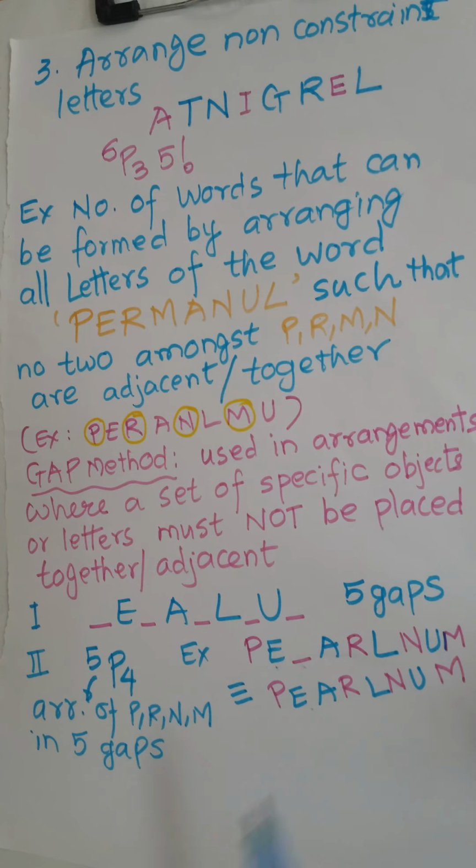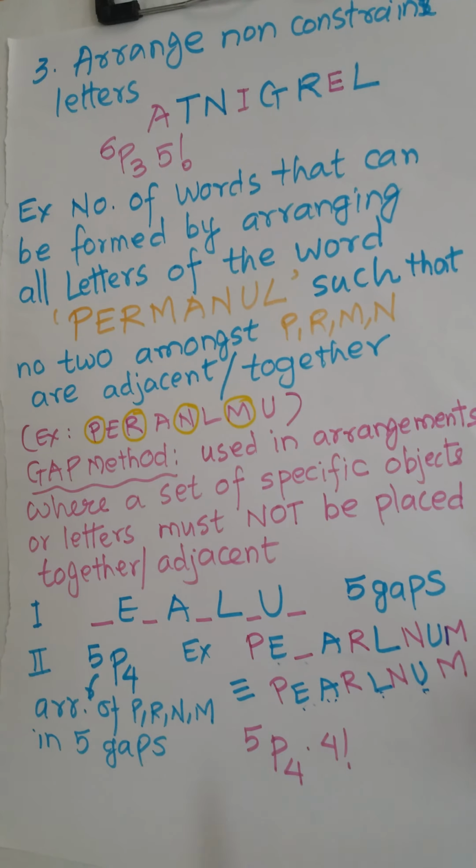So E and A are adjacent. Now we have defined the spaces for E, A, L and U. In these 4 spaces they can be arranged in how many ways? Yes, 4 factorial ways. So the arrangement of constraint elements multiplied by the arrangement of non-constraint elements, their multiplication is the answer. Okay guys, so this was the gap method for distinct letters, distinct objects.